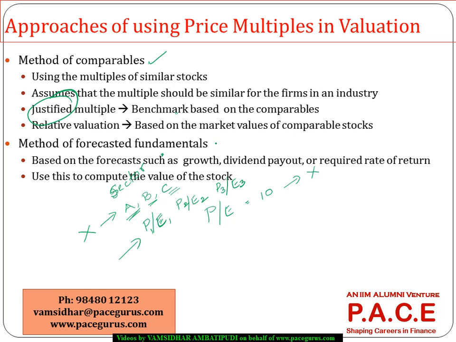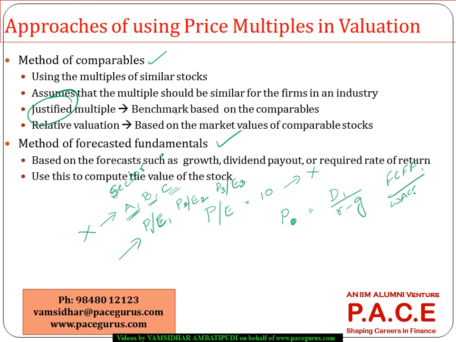The other approach is the method of forecasted fundamentals. Here I don't look at any competitor or anything. Using the Gordon growth or any other discounted cash flow based models, we have identified the formula for price. What should be the price, the value? D1 by (r minus g), or FCFF1 by (WACC minus g).